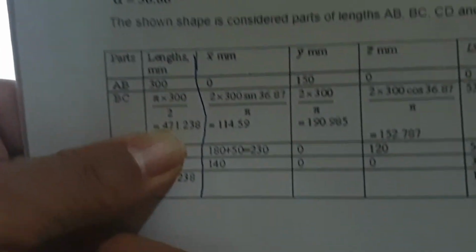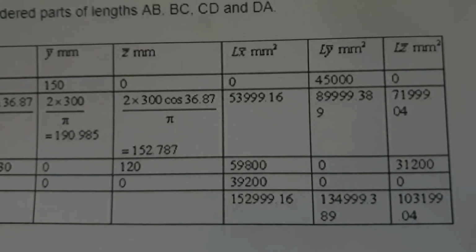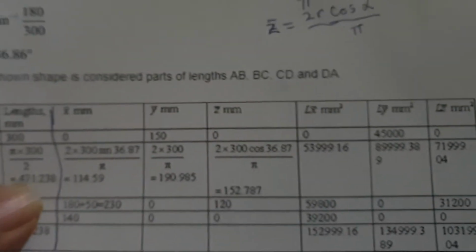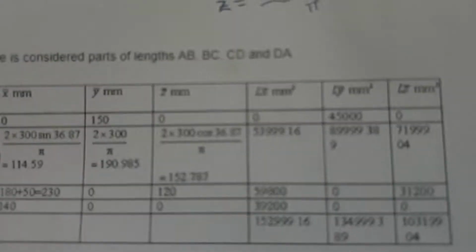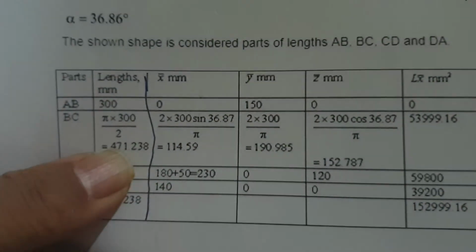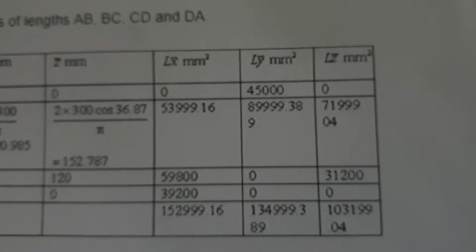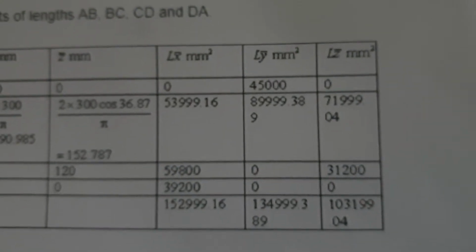Now, length times X bar, 53,999.16. Length times Y bar, and that is 89,999.389.